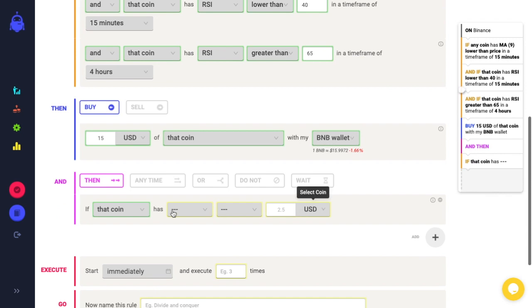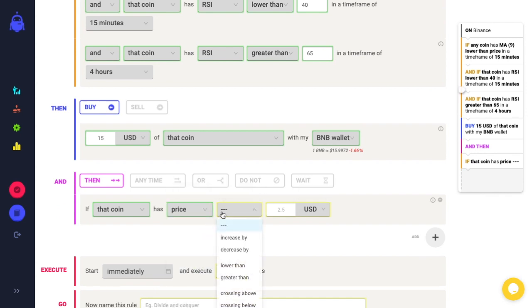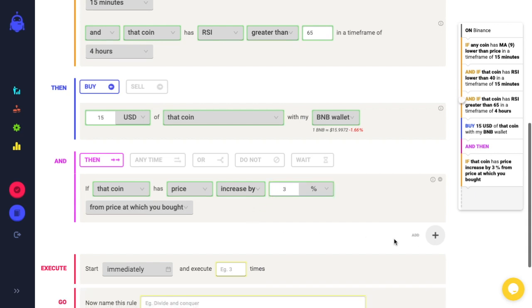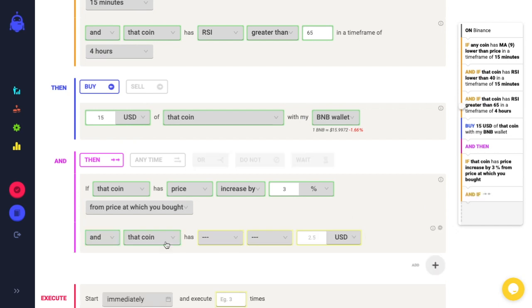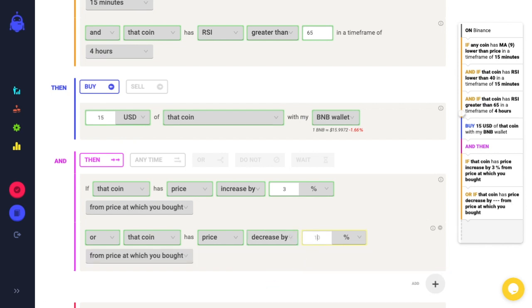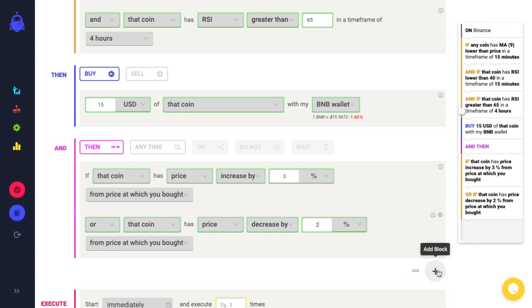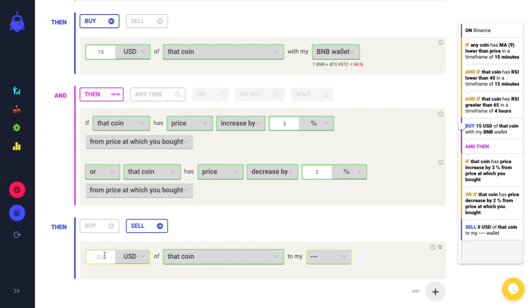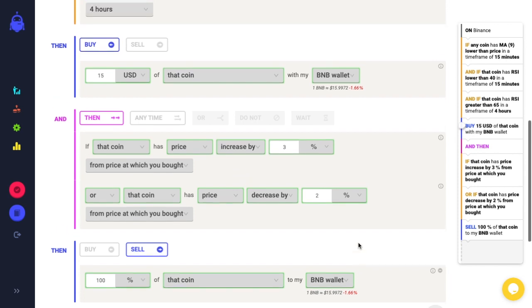And then if that coin has a price increase of, let's say, 3%, or that coin has a price decrease of, let's say, 2%, then I want to sell 100% of that coin back to my BNB wallet.